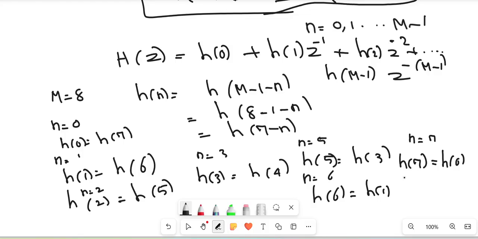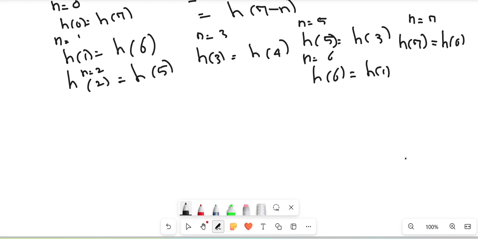So, with respect to the symmetry and antisymmetry condition, we can classify the system function for M equal to odd and M equal to even. The M may be odd or the M may be even.